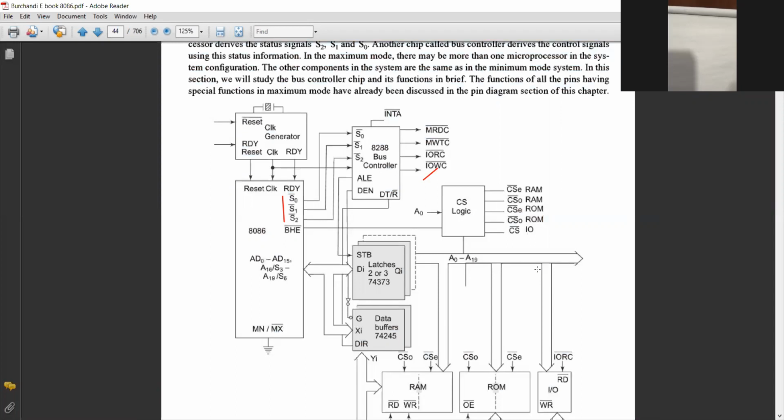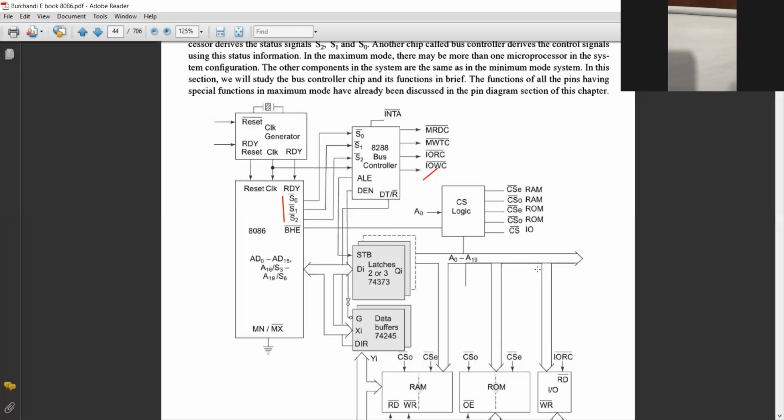These 3 signals basically generate memory read, memory write, IO read, IO write, INTA bar, ALE signal, DEN bar and DT/R bar. The combination of these 3 will give 8 outputs. So you can get the 8 outputs over here: 1, 2, 3, 4, 5, 6, 7, and 8.